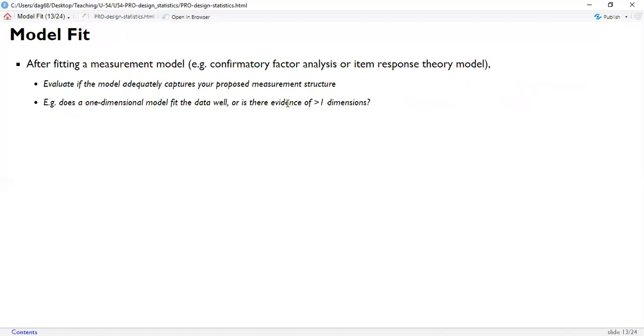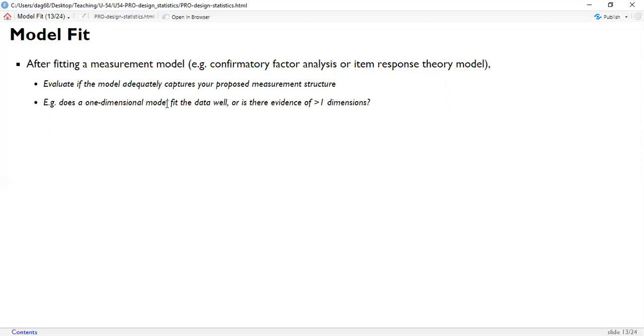The second area where I see a common pitfall is where you fit a measurement model, whether that's a factor analysis or some sort of an item response theory model. All of my examples will be an IRT model, but the general point holds for a factor analysis, a confirmatory factor analysis model as well.